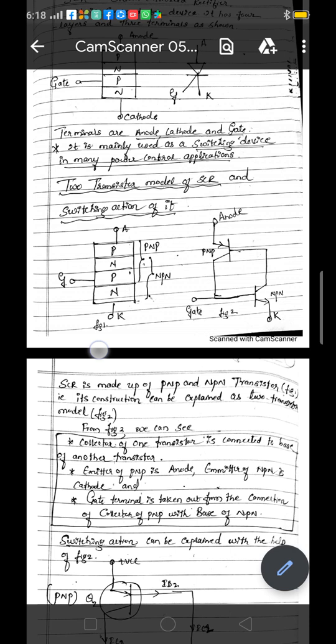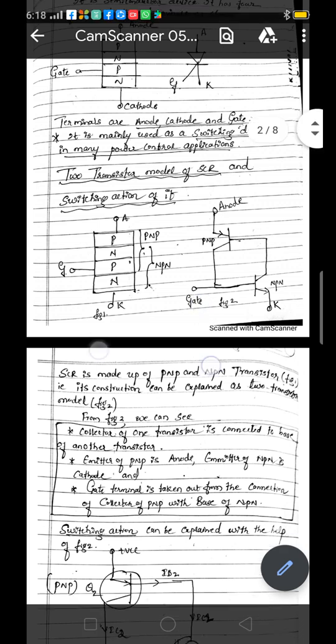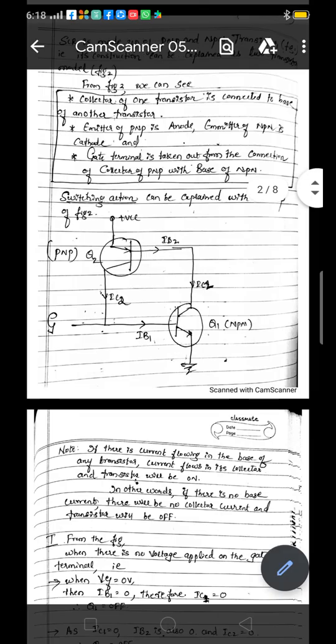You have to concentrate on the connections, how these two transistors are connected. With the help of this figure, you are going to answer why the SCR will be off without VG and why the SCR will be on with VG. That means the switching action of the transistors with the gate voltage applied and not applied.